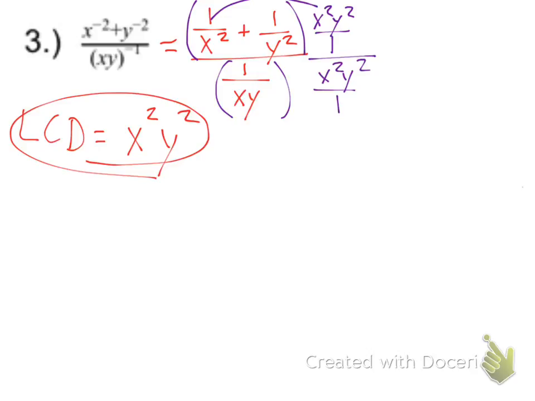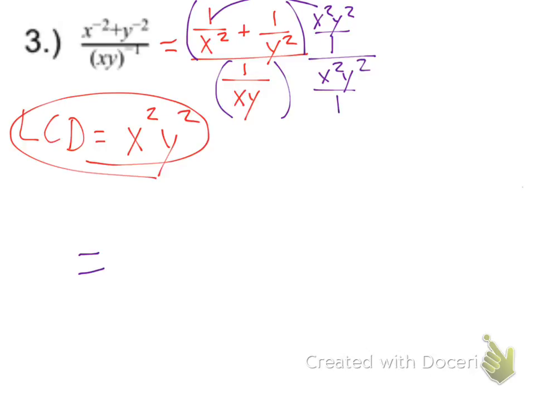And think about it. Wait a minute. How do you multiply fractions? You multiply across. So overall it becomes 1 times x squared, y squared, all over x squared times 1. When I go to simplify that and make an equal sign, what happens to the x squareds?